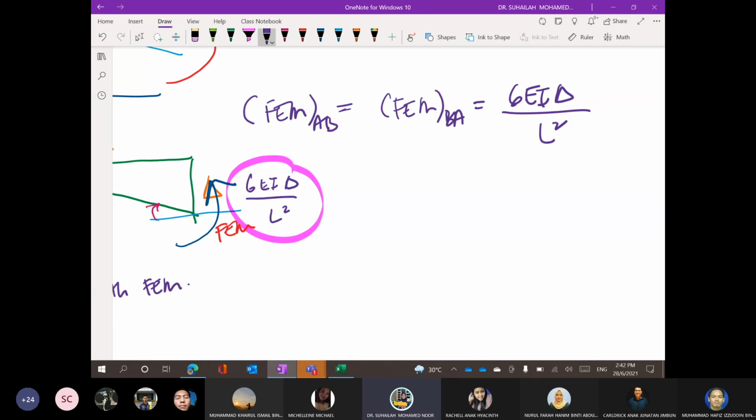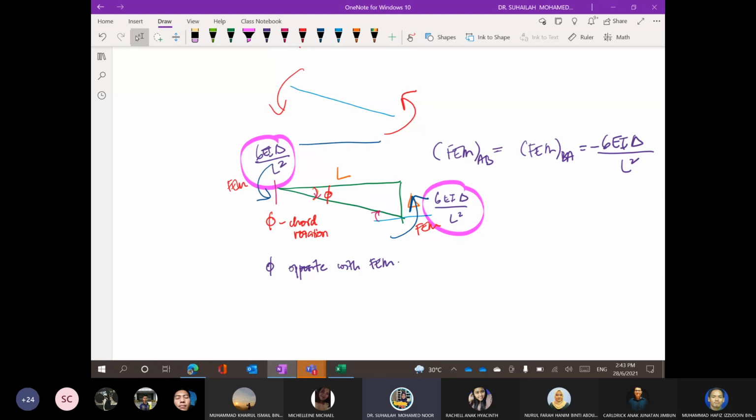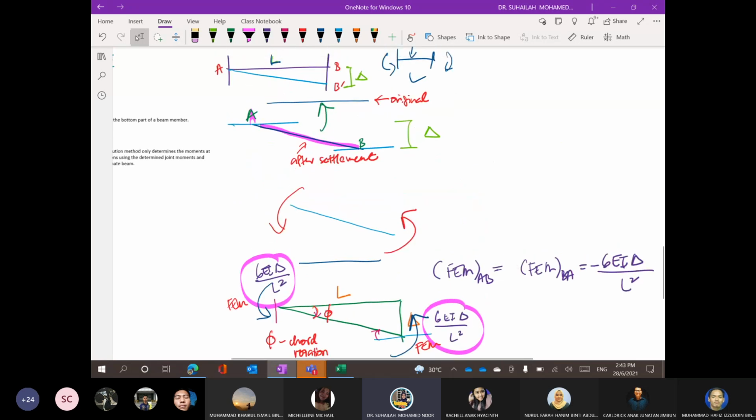If the delta is positive, FEM is negative. If delta means the chord rotation, if the chord rotation is positive, FEM is negative. Okay, negative, like this.